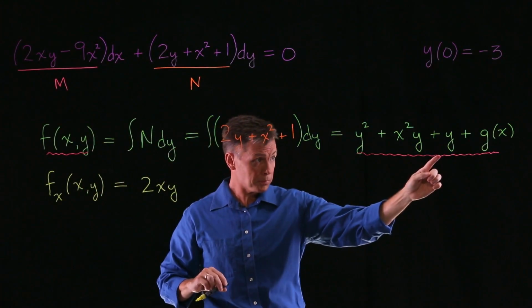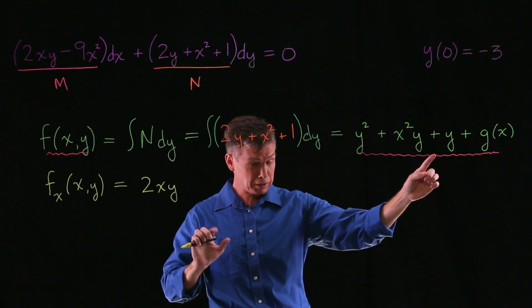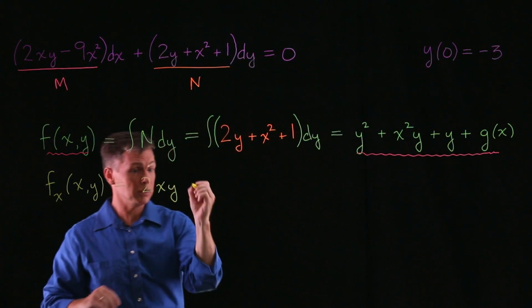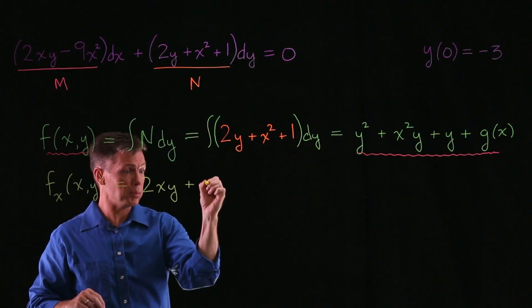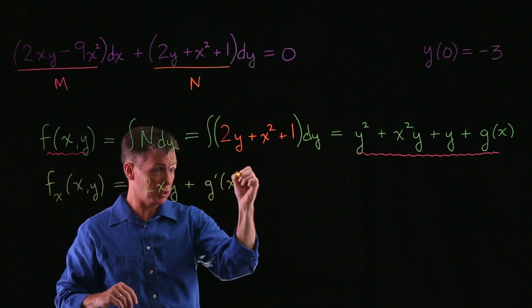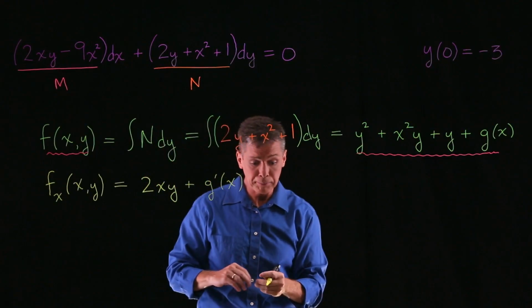The third term, differentiating with respect to x, is also 0. And that last term, differentiating that with respect to x, makes g of x become g prime of x, okay?